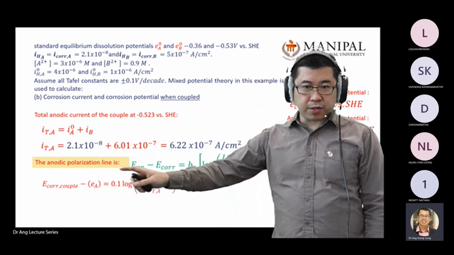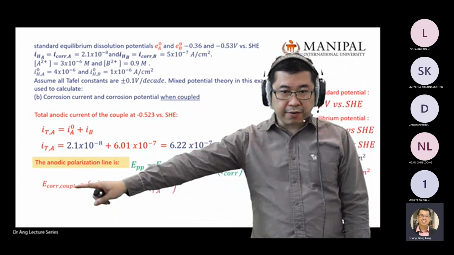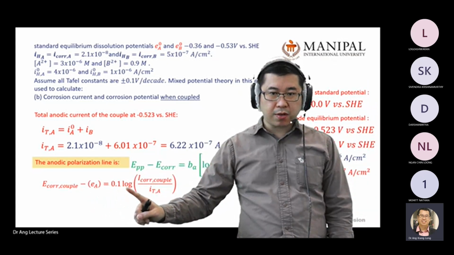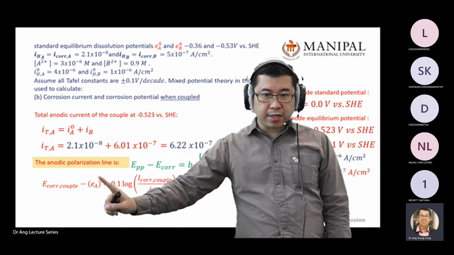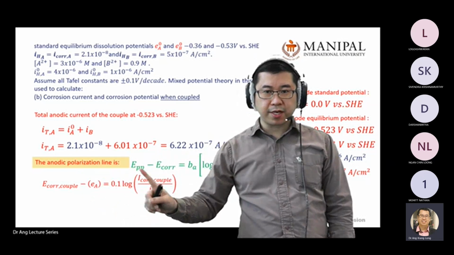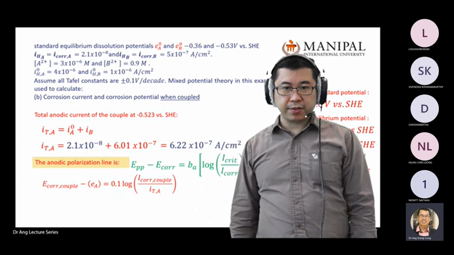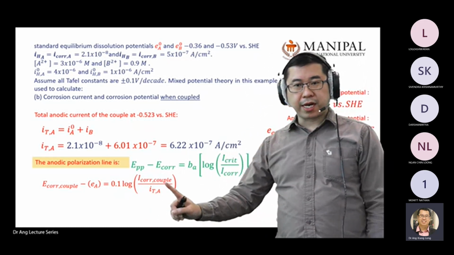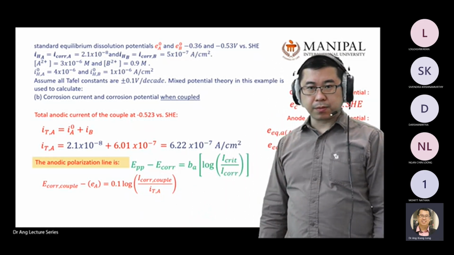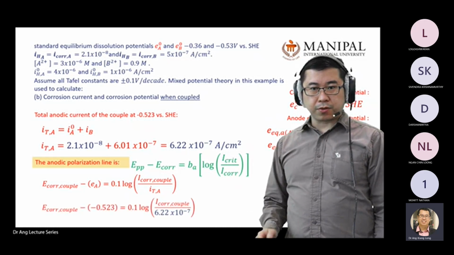Recall back this equation, the anodic polarization line. You have E corrosion coupled minus the EA equal to positive 0.1, because anodic goes up the positive line, log I corrode divided by I total A. Because now you already coupled the two things together. Substitute the value.